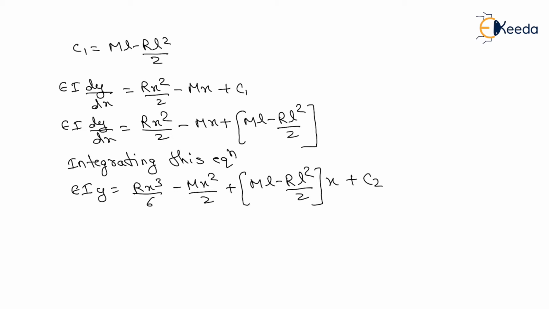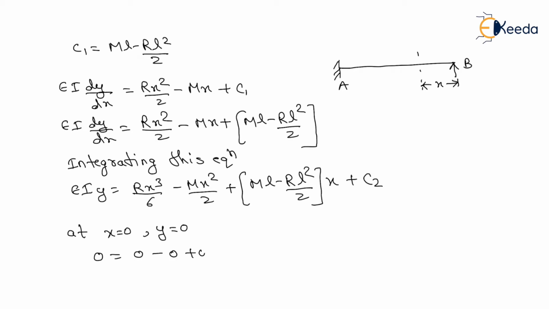Now we know the boundary condition that at x equals to 0, y equals to 0 because no deflection is given at support B. So on putting this value in the above equation, we will get 0 is equals to 0 minus 0 plus 0 plus C2. The value of C2 comes out as 0.